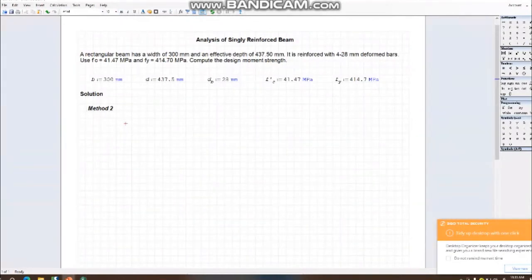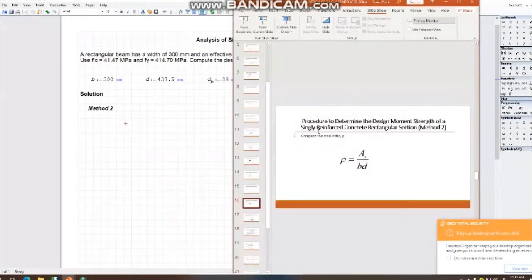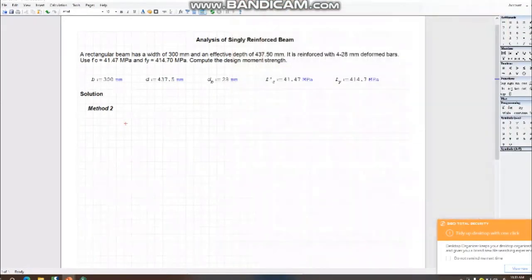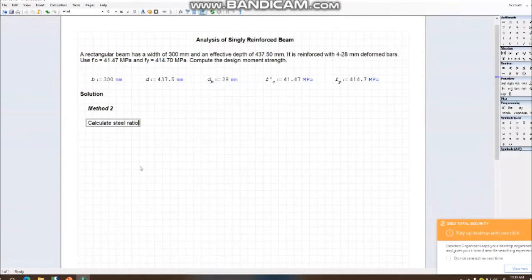So, for method 2, let's go to method 2. Okay. Method 2, we will start with the calculation of the steel ratio. So for method 2, the first step is to calculate the steel ratio.